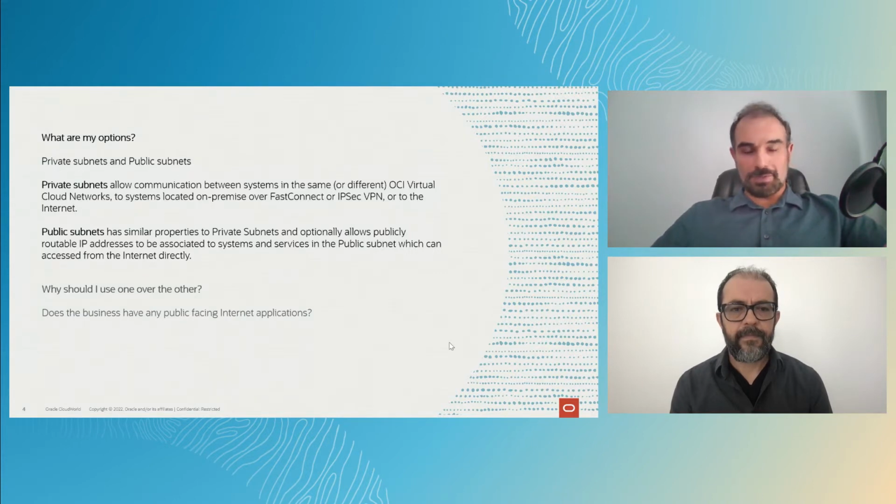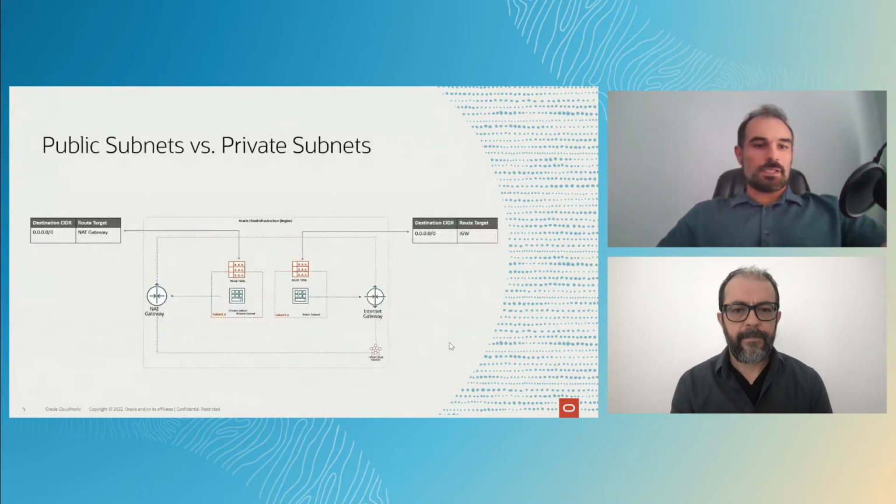But there is a big requirement here that some customers do have, and that is inbound access into your Oracle footprint. If that is one of your requirements, then you need to choose a public subnet. So the choice here is very clear. Two options, public versus private. The public option will give you access from the internet straight into your footprint to your resources having public IP addresses. And here a network diagram exactly shows that solution.